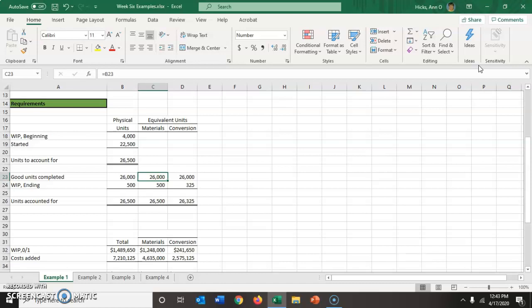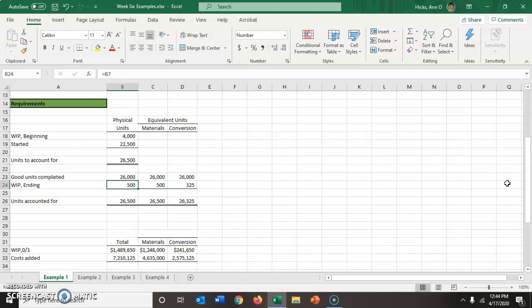They're 100% complete, which means that our equivalent units is equal to the physical units for both materials and for conversion costs. Again, they're 100% complete. Equivalent units and physical are the same.